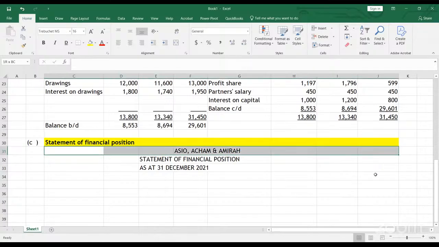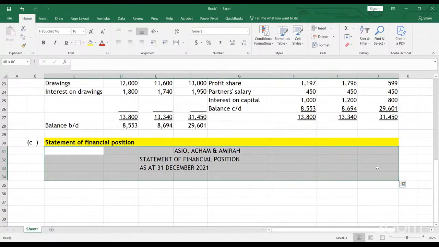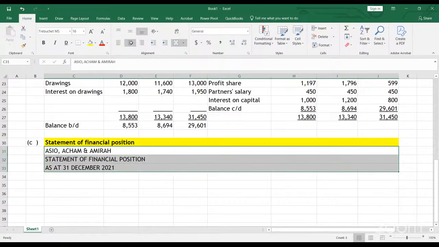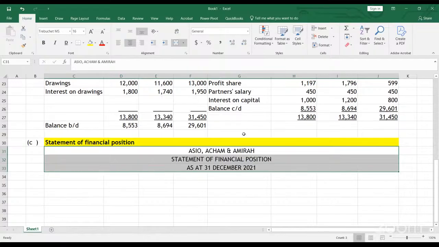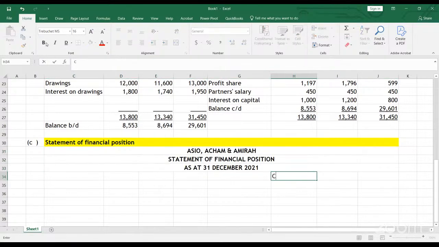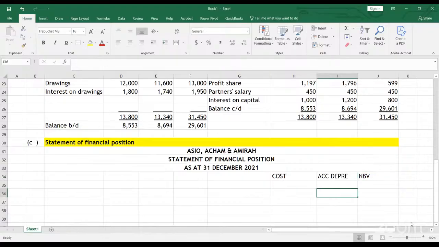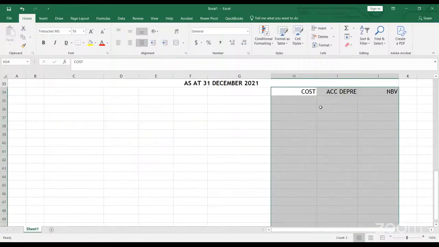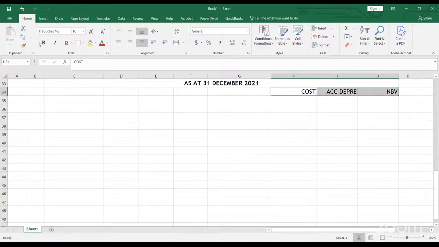So we want to come up with this position. Sometimes you can call it the balance sheet. So that's what we show the column for cost, less accumulated depreciation, and then NBV, what we call the net book value. Let us do that statement very fast. Then we call it a day.